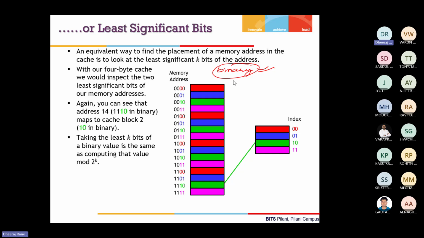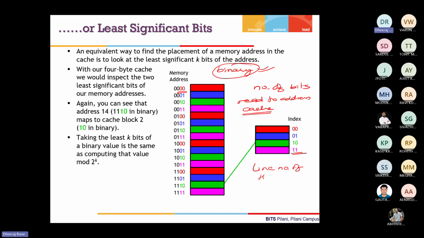Okay. Everything happens in binary, so you can just have a look. Correspondingly, whichever be the number of bits required to address your cache, those least significant bits will be deciding the specific line number of the cache that will be mapped, or the block that will be transferred.